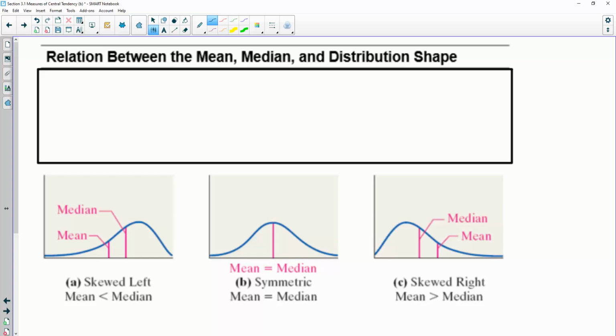This is just a picture to illustrate the relationship between mean and median, and also in terms of our data. We've talked about skewed and bell-shaped a lot, and that is going to continue to come up. If your data is skewed left, that means we have more low points.